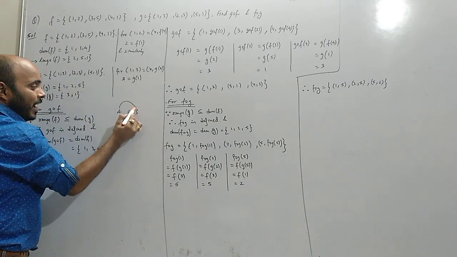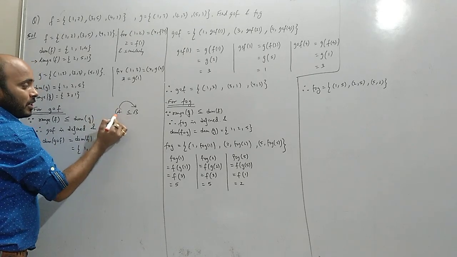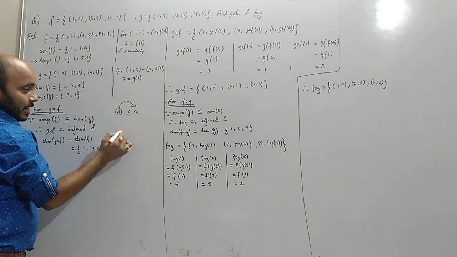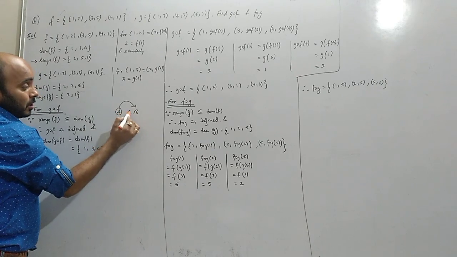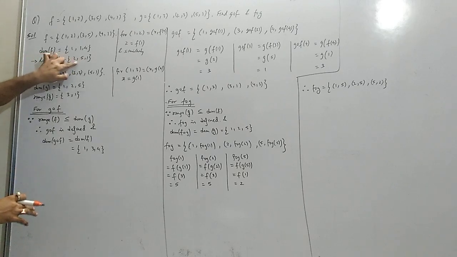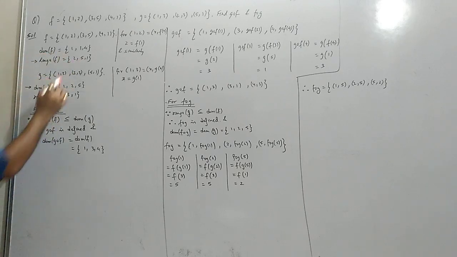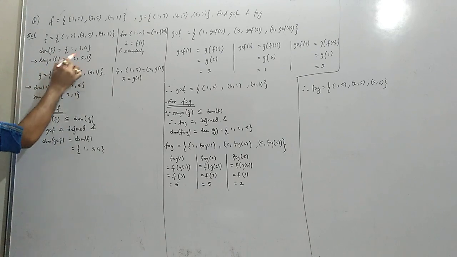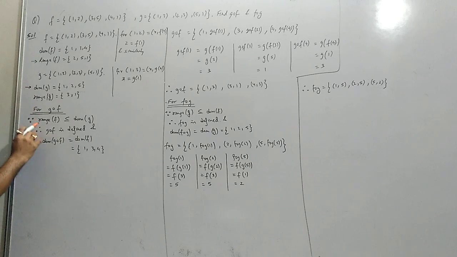All elements of A are in B. All elements of the first set should be in the second set. Then the first set is a subset of the second set, right? So all elements of range of f are in domain of g. That means range of f is a subset of domain of g.